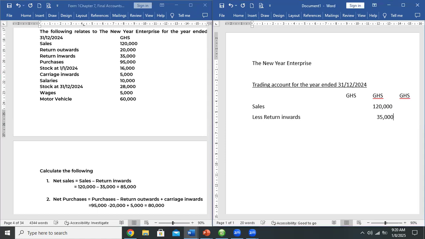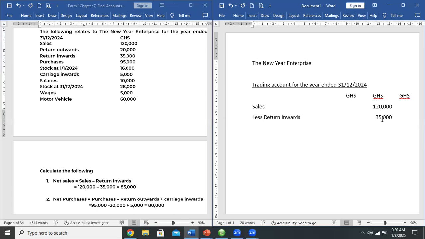And please, when you are doing it, make sure you arrange your figures well so that the thousands fall on the same line, the hundreds, okay, as I've done here, right? It's very important to do your arrangement of figures perfectly. Imagine somebody will come and write the 35 like this. Okay, please. You lose small marks for bonus and stuff. So make sure you arrange your figures very well.